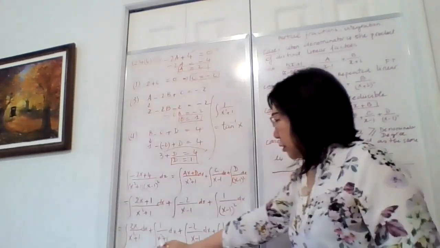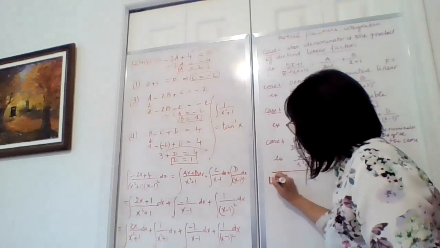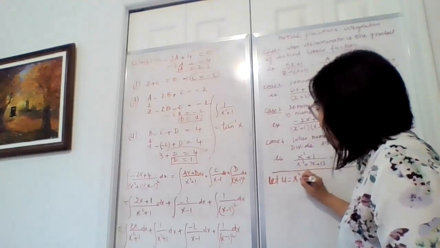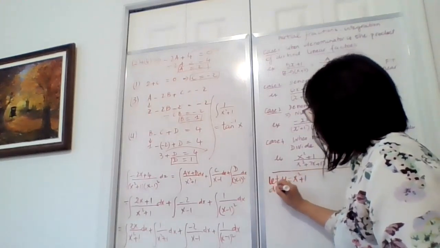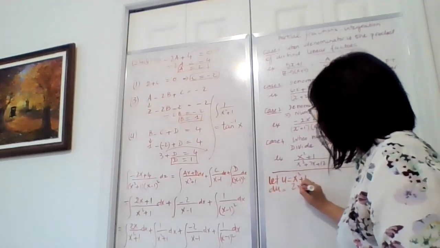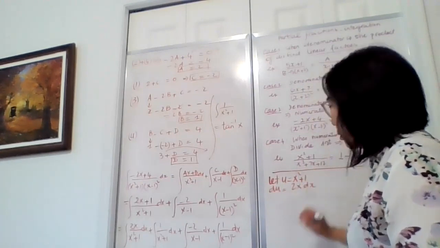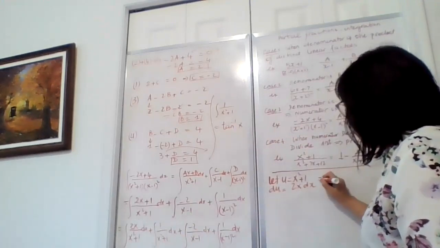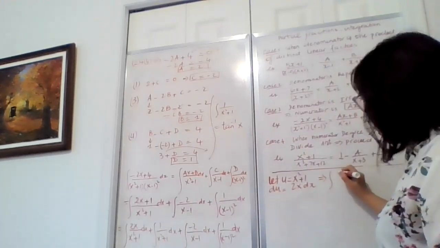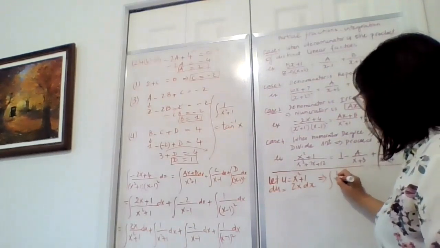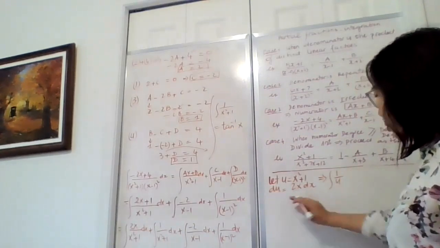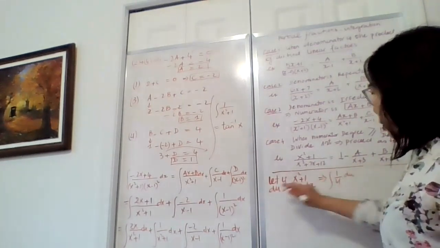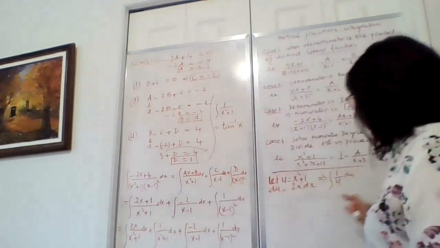So now for the first one, I want to say let u equal x squared plus 1. So du will be equal to 2x dx. So it means I will substitute this. So therefore, the first integral will be 1 over u du. So 2x dx will become du.